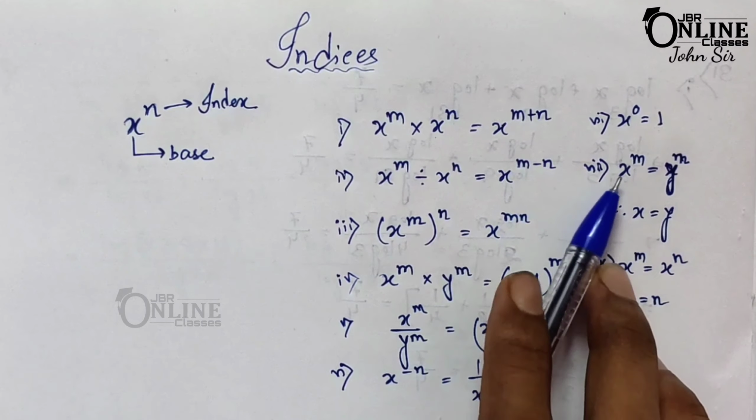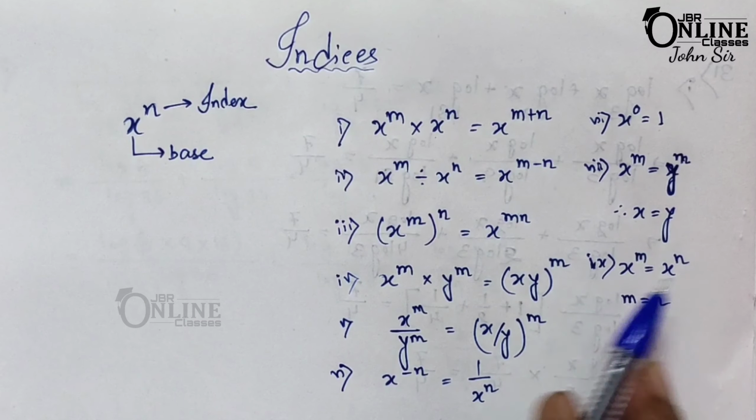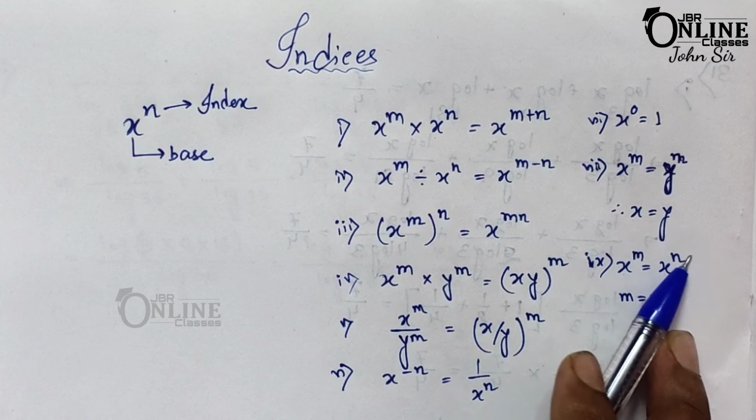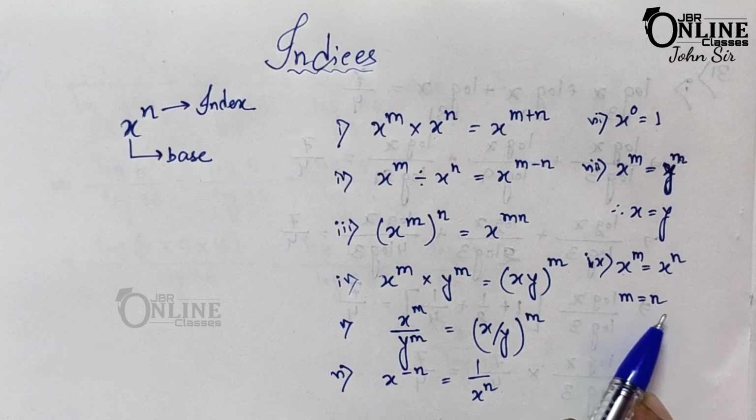So the first one: if the bases are different but the power is the same, then x equals y. Second one: if the bases are the same but the powers are different, then both the powers are equal, that means m equals n.